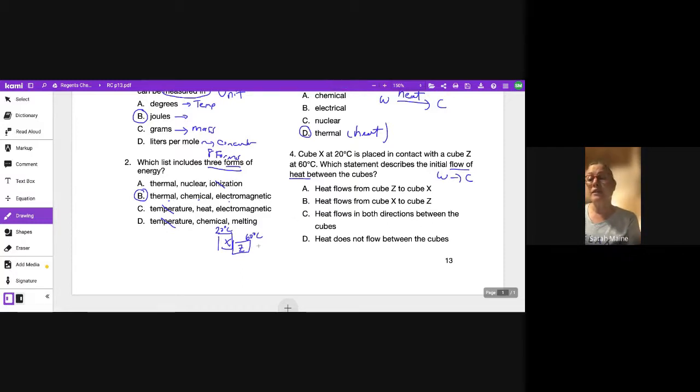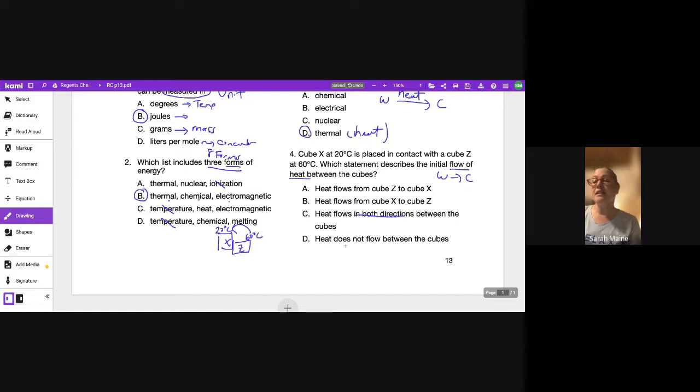So when I look at this, I have a 20 degree sample versus a 60 degree. They're put into contact. So it goes from the warmer to the cooler. So now I need to read carefully. Heat flows from cube Z to cube X. Heat flows from cube X to cube Z. Now take a look at response C, heat flows in both directions. We know that's not true because it goes from warmer to cooler.